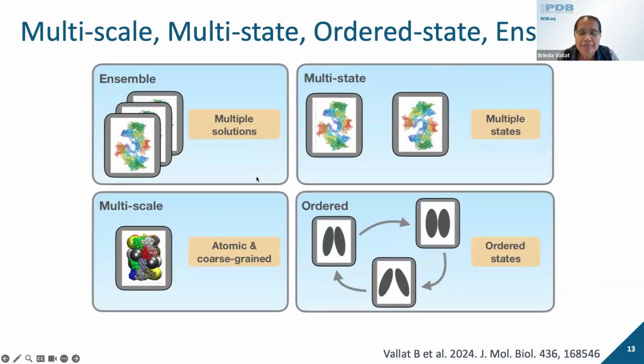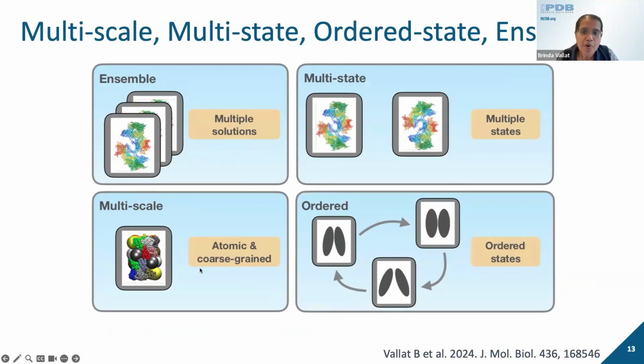So now I want to explain the different components of the dictionary and primarily what we mean by multi-scale, multi-state, ordered ensembles. Ensembles are sets of models that correspond to multiple solutions that individually satisfy the input restraints within a certain threshold. So they're all independent solutions, but they satisfy all your input restraints within a certain threshold.